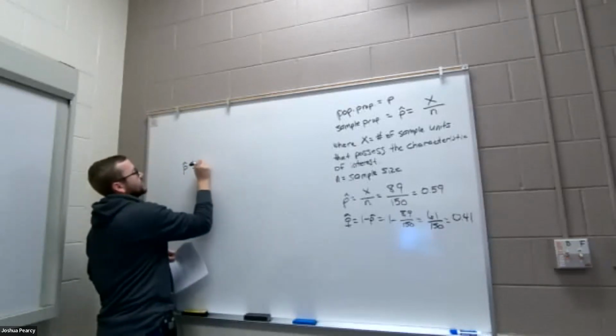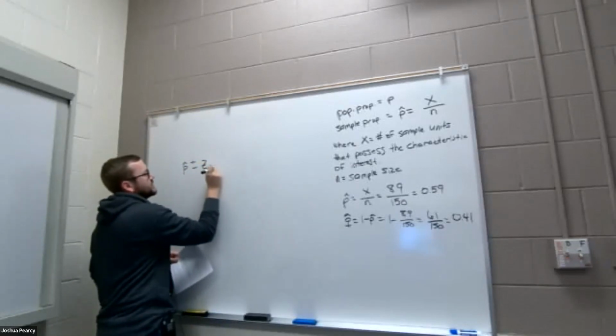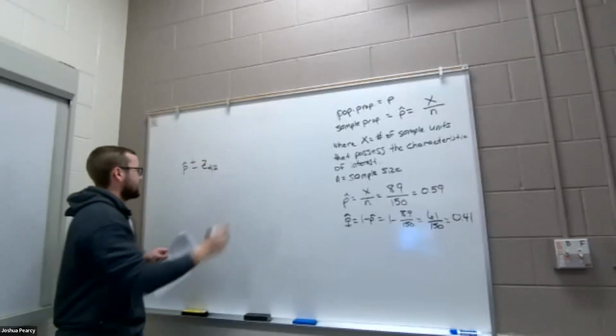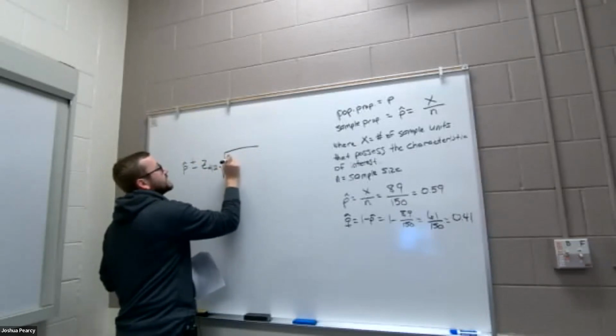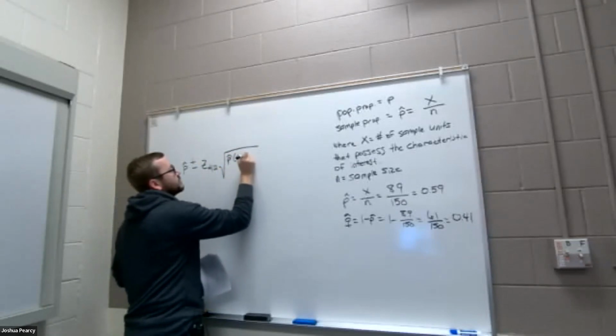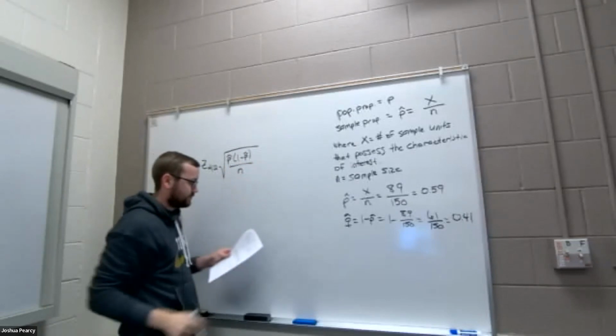And in this case, we're going to use a critical z value, just like we did in 7.1. And then the standard error slightly changes: the square root of p hat times 1 minus p hat over n.